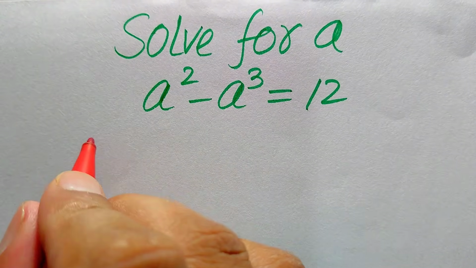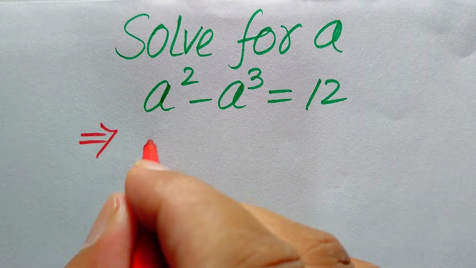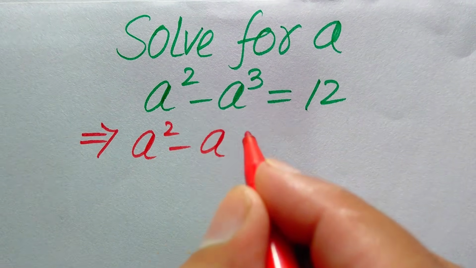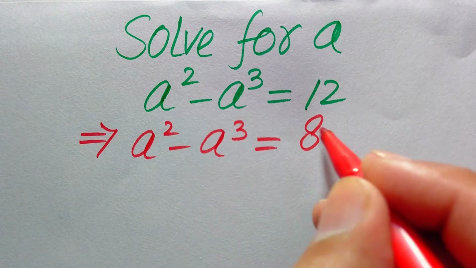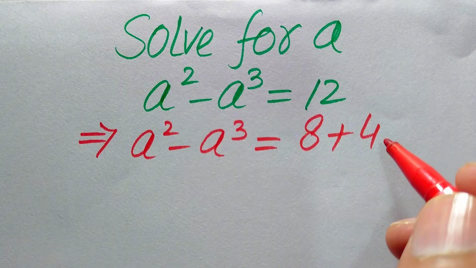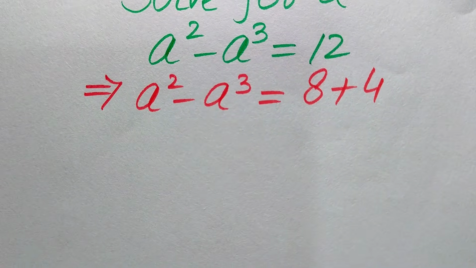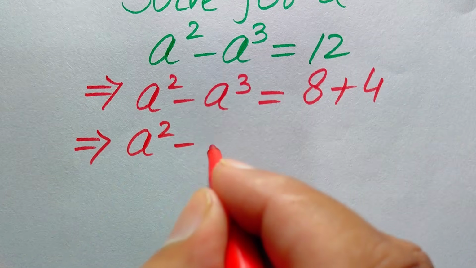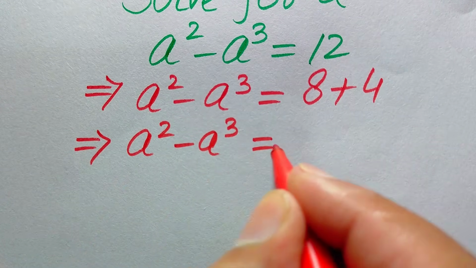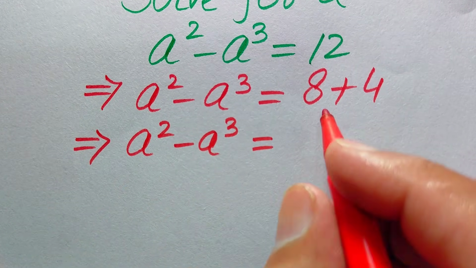So here first, we rewrite this equation as a squared minus a cubed equals 12, and we break this 12 as 8 plus 4. We know that 8 plus 4 becomes 12. So further, we rewrite the right hand side in the form of a square and a cube.